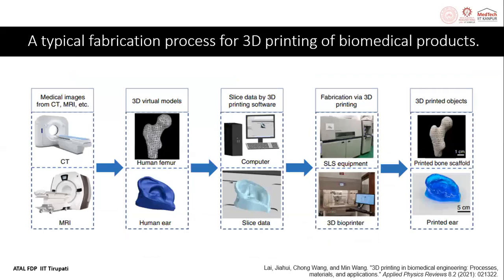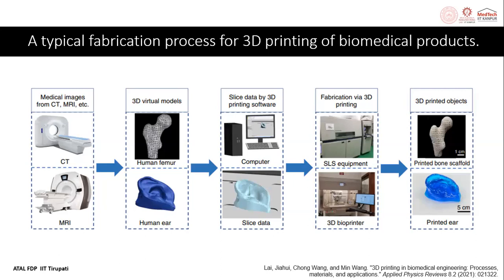So when we start 3D printing in the biomedical area, there can be two possibilities. One is you take an MRI, CT or something like that, and then you do reconstruction of the 2D images into a 3D image.